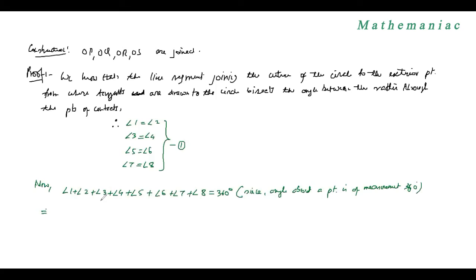Now, as per the previous idea, we are going to replace some of the angles. Which are the angles we are going to replace? Just let us try to understand. We are going to replace 1, 4, 5, and 8 by their equal angles. So now angle 1 can be replaced by 2.